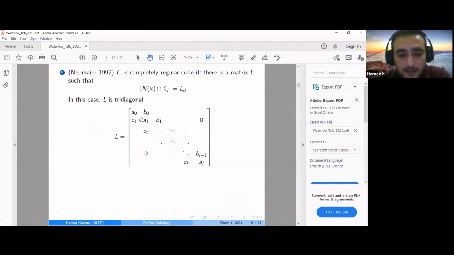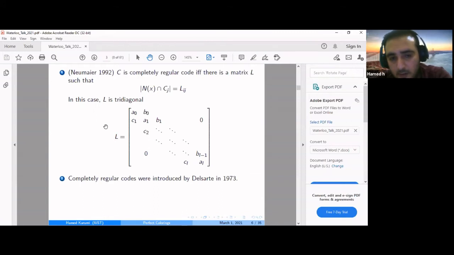That b_i and c_i come from the definition of completely regular code, and a_i is equal to k minus b_i minus c_i, where k is the degree of the graph.